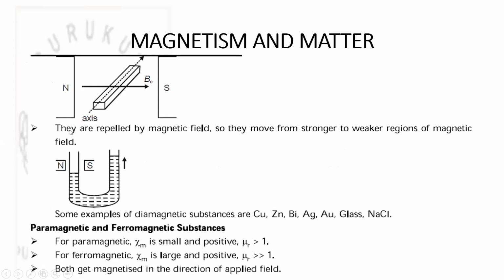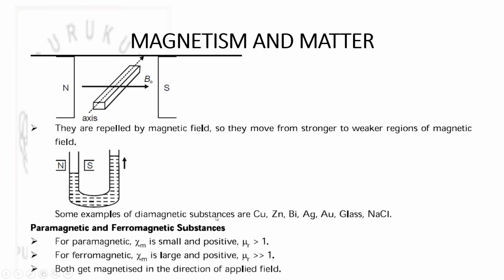They are weakly repelled by the magnetic field, so they move from stronger to weaker regions in the magnetic field. And if a diamagnetic liquid is placed between the poles of a magnet, then the level of the liquid will decrease, as shown in this figure.